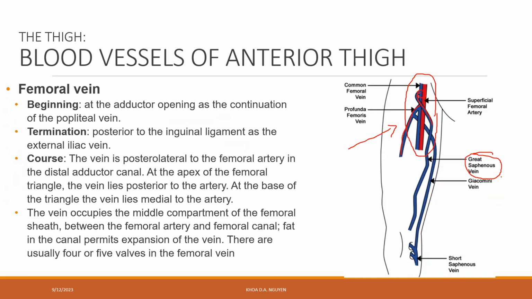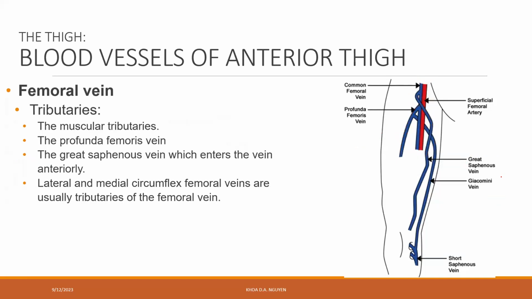Some other tributaries of the femoral vein can be the muscular branches along its length, and the lateral and medial circumflex femoral veins are also usually tributaries of the femoral vein as well. And when the femoral vein goes up here and passes through the inguinal ligament right here, it will become the external iliac vein right here.